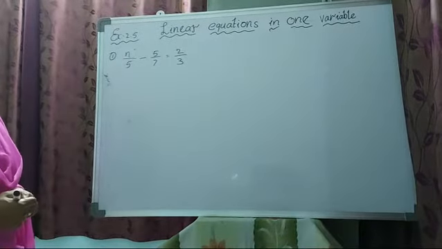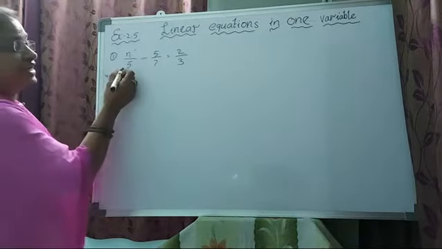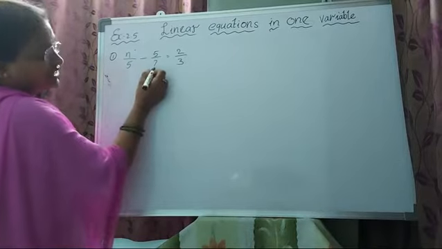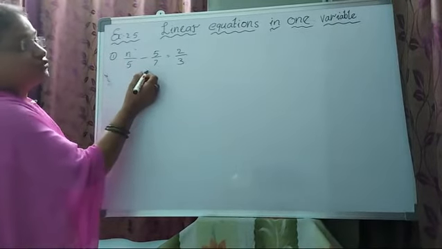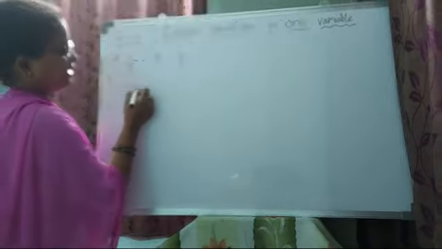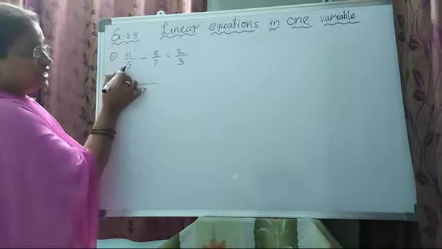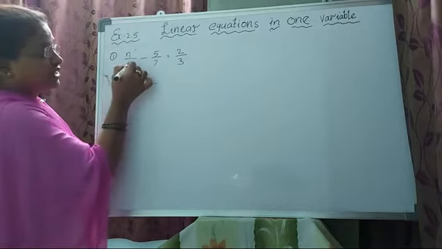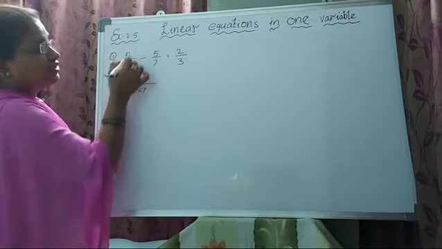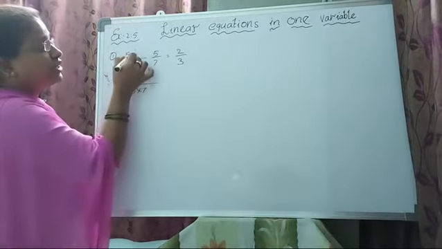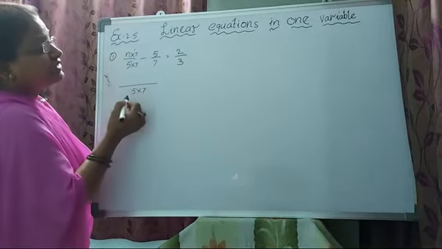See, first of all, we have to find the LCM for this 5 and 7. These are prime numbers, so the LCM is 5 into 7. To make it 35, multiply with 7. If you multiply the denominator with 7, the numerator also with 7.